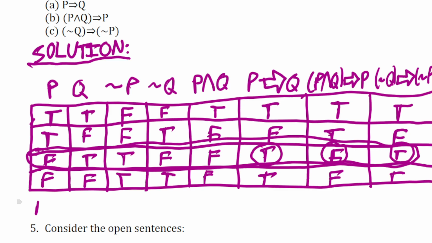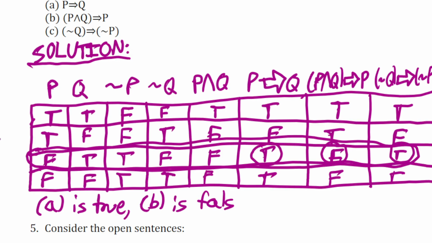So I'm actually going to write it like this: A is true, B is false, C is true. And that's problem 4.